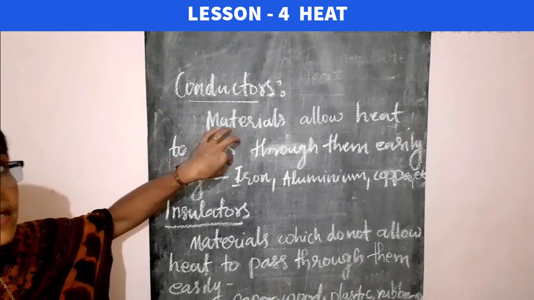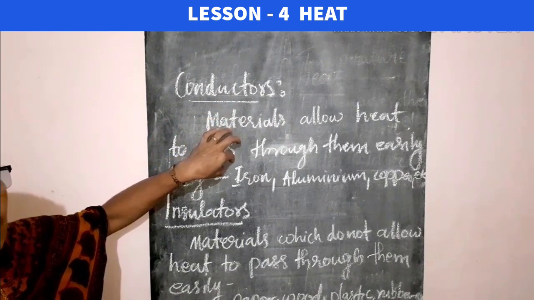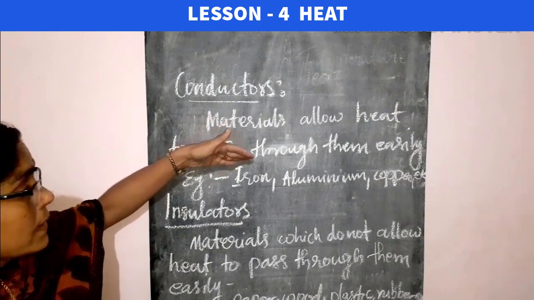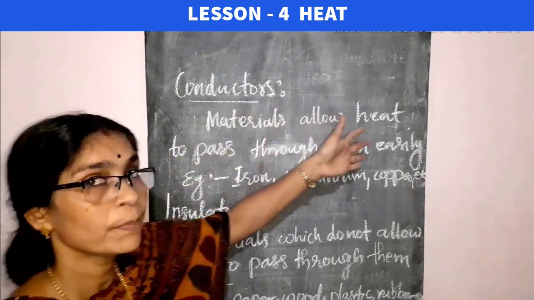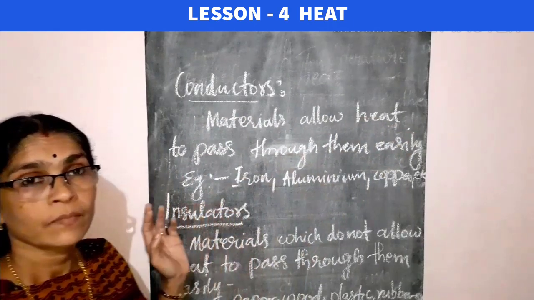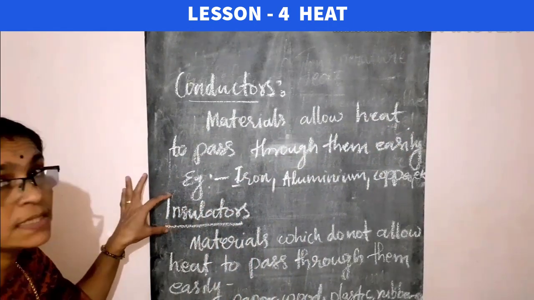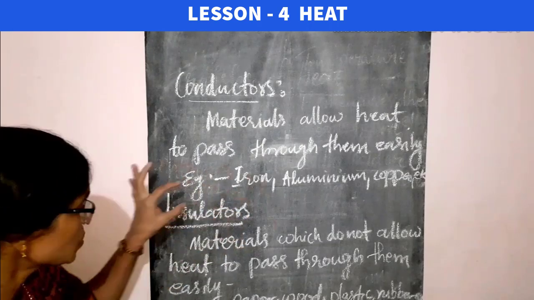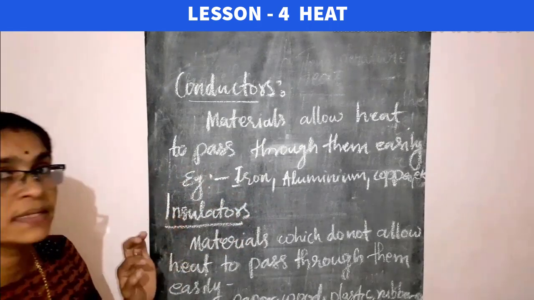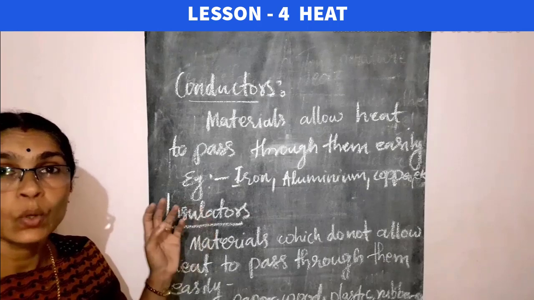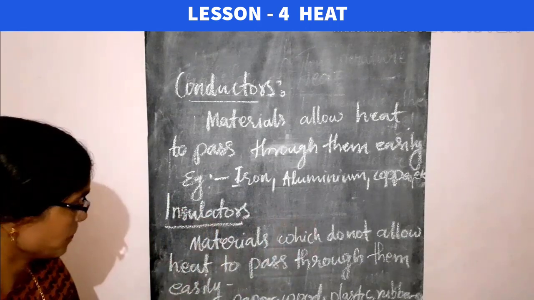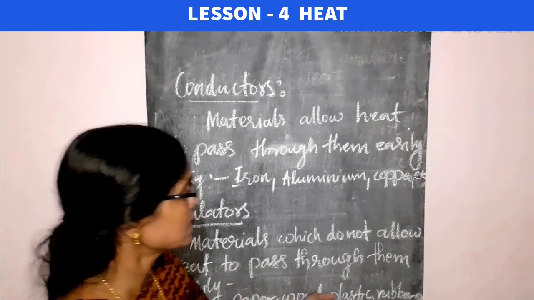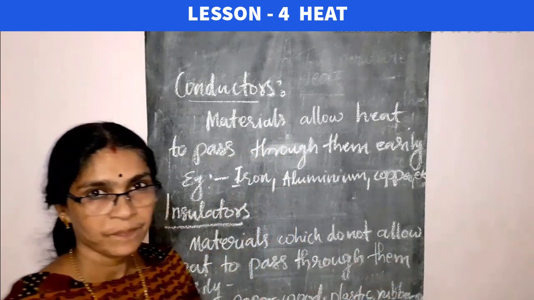Usually, all metals are good conductors. They conduct heat easily, like iron, aluminium, copper, etc. Whereas some materials which do not allow heat to pass through them easily are known as insulators or poor conductors. For example, paper, wood, plastic, rubber, etc.